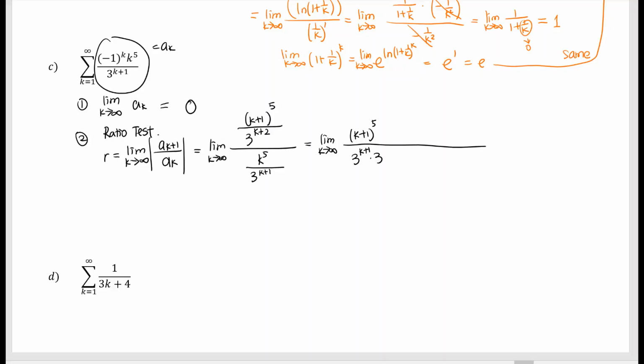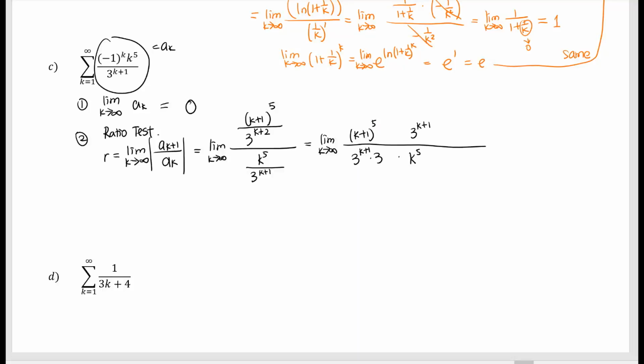If in the bottom you see 3 to the k plus 2, then you split it as 3 to the k times 3 squared. When we split, keep in mind our final goal is to cancel with the terms downstairs. And then k to the fifth is here, and then 3 to the k plus 1 here.